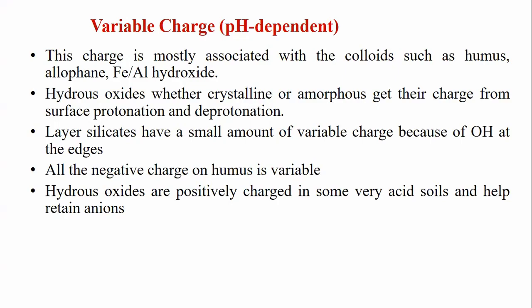So all these negative charges on the humus are variable. Why? At the edges it may have the COOH groups. Because of that, all the negative charges on the humus are pH dependent or variable charges. Here the hydroxide oxides are positively charged in some very acid soils and help to retain the anions.